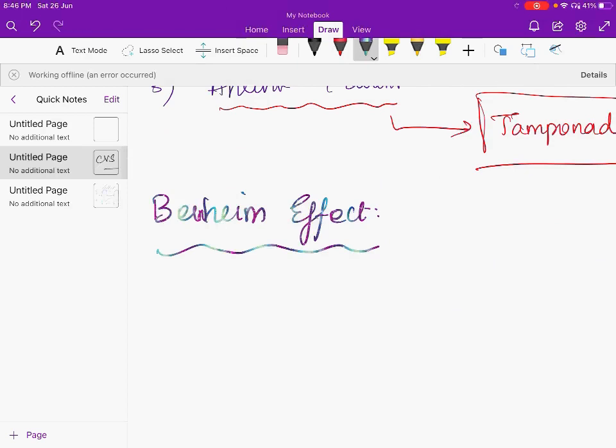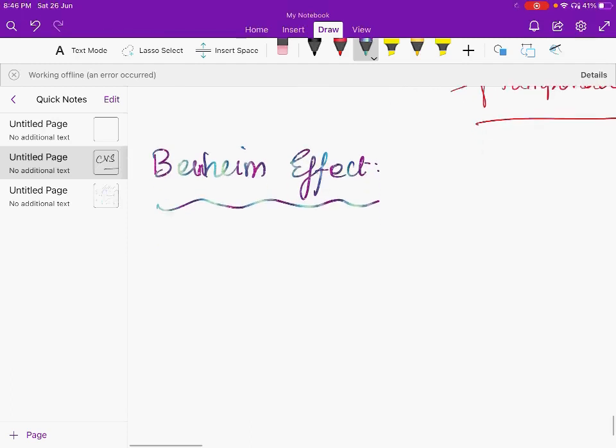Mitra, you can answer better. Where does the septum deviate? Towards the right ventricle or towards the left ventricle? Yeah, towards the right ventricle. Good.